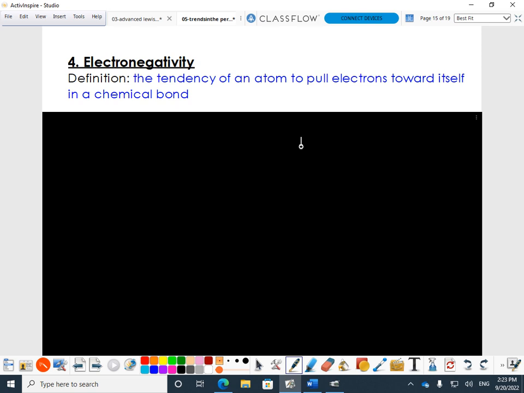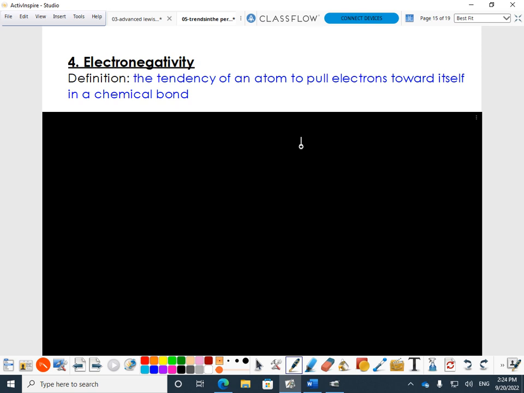So last year you should have talked about ionic compounds and molecular compounds. And this year we're going to take it a step further and look at, in a molecular compound, there's actually two different types. One of the ways you can tell the difference between the two types, because they're all nonmetals, is the tendency of the atom, when it gets in a bond, to pull electrons towards itself.